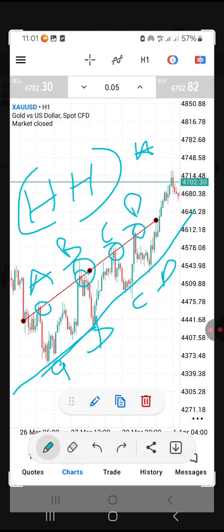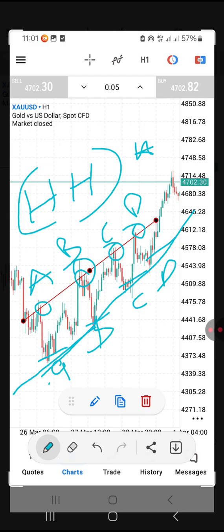The low of capital letter B, which is small letter B, is higher than the low of small letter A, and you see a progression. Are you seeing what I'm saying? Each one is higher than the previous.